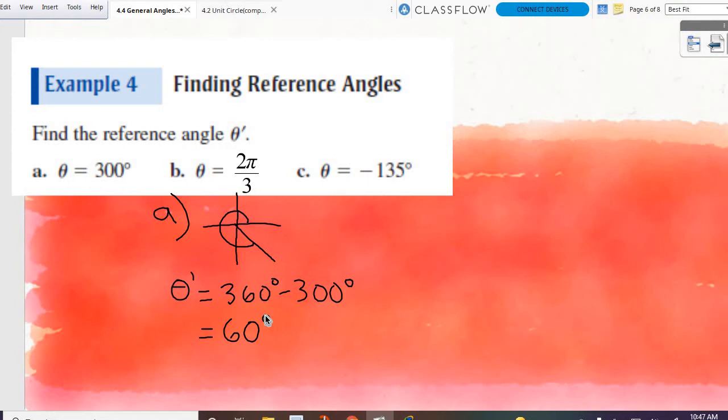Alright, what about part B? What quadrant are we in this time? Without looking at the unit circle, how would we know? Okay, so 180 is pi, right? Which is one whole. Is 2/3 bigger than a whole or smaller than a whole?